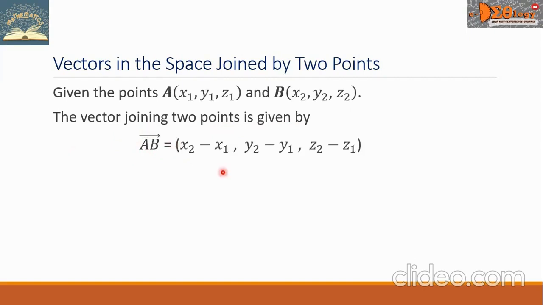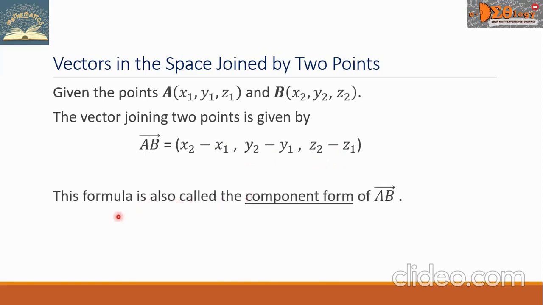This is equal to the triple coordinates, where the x coordinate is x sub 2 minus x sub 1, comma, the y coordinate will be y sub 2 minus y sub 1, comma, the z coordinate z sub 2 minus z sub 1.